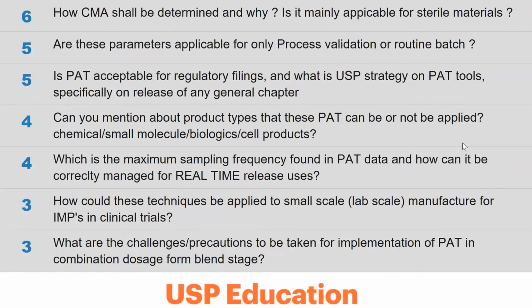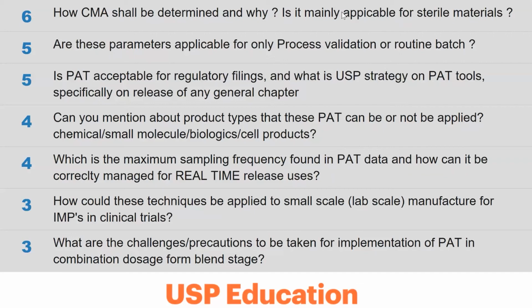Mainly applicable to sterile materials. Yeah, again, I'm not clear what that question is. What CMAs? I'm guessing maybe it's CQAs.